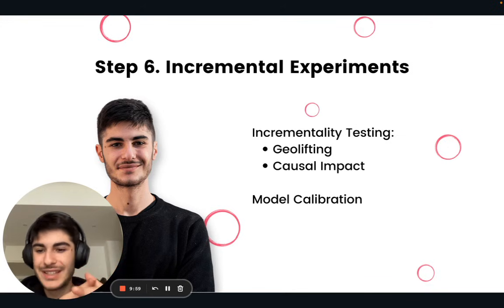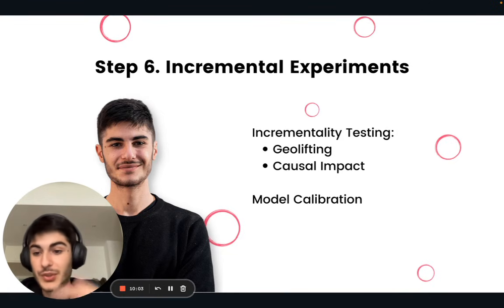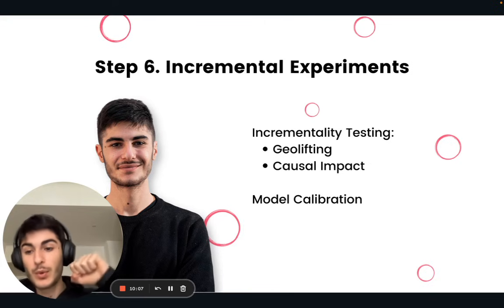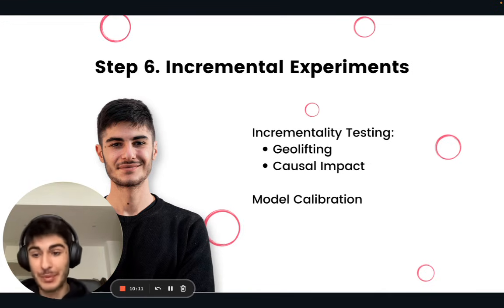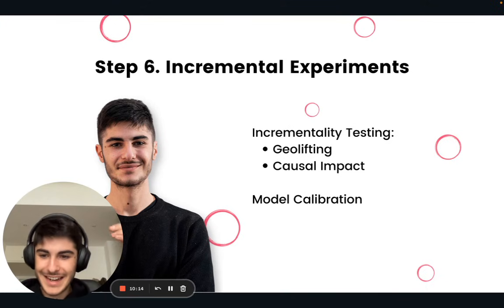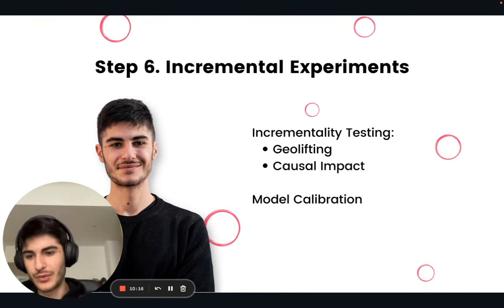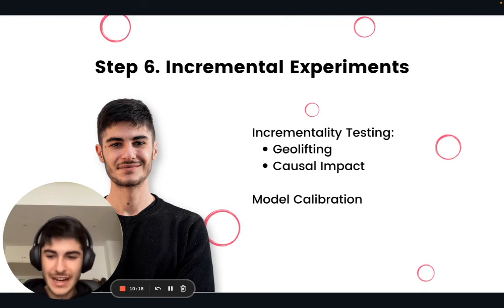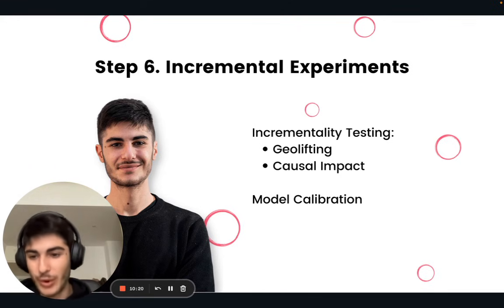We would do this incremental testing with our partners to set up the experiment and understand the output of the experiments, and we will use every single incremental output to calibrate the model back in order to have an increase in accuracy over time that can deliver better and more accurate results every time.